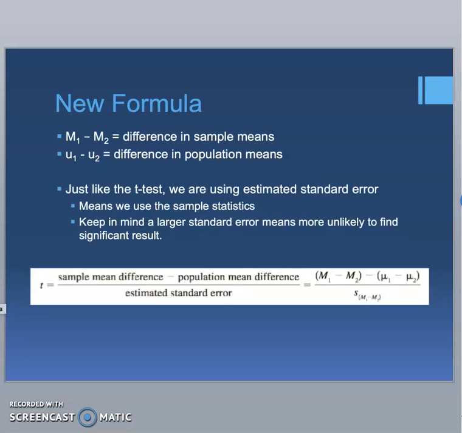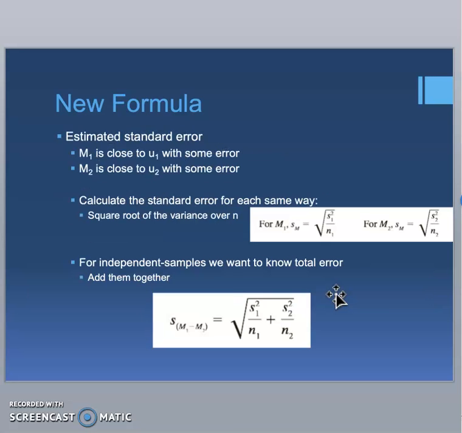So again, we're using the same basic idea. We need to find estimated standard error. In order to find estimated standard error, we have to do something new. And that new piece is that we need to find what is the variance for both of them. Before, when we found estimated standard error, we did some version of this.